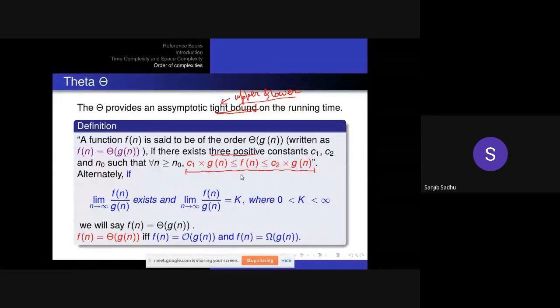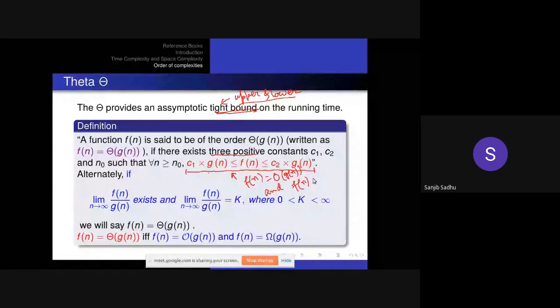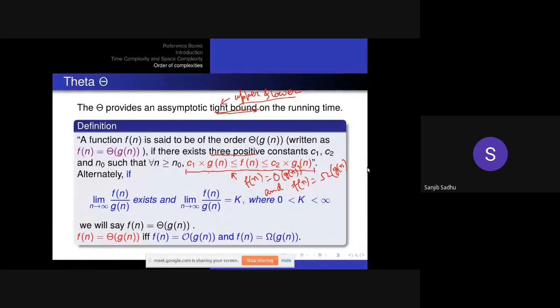So in other words, we can say f(n) is big O of g(n) and f(n) is big omega of g(n). If both of these are correct, then we can say f(n) is theta of g(n).